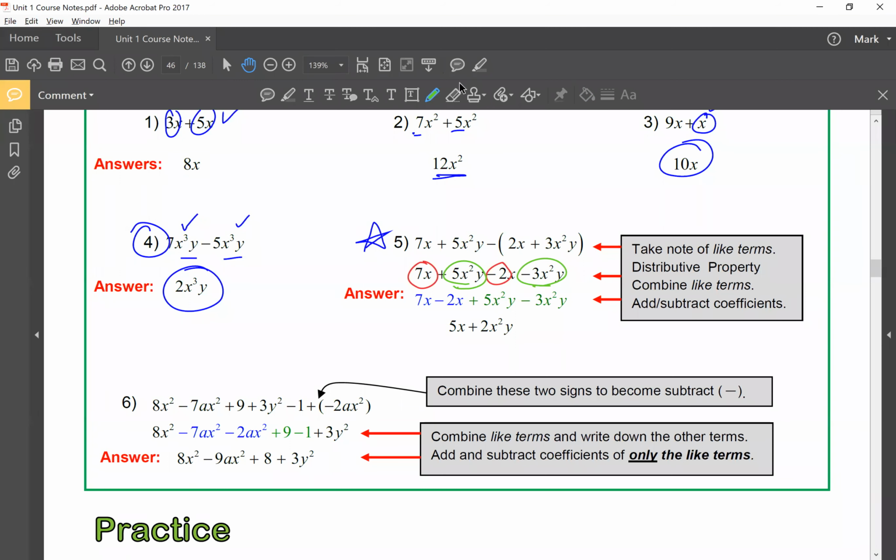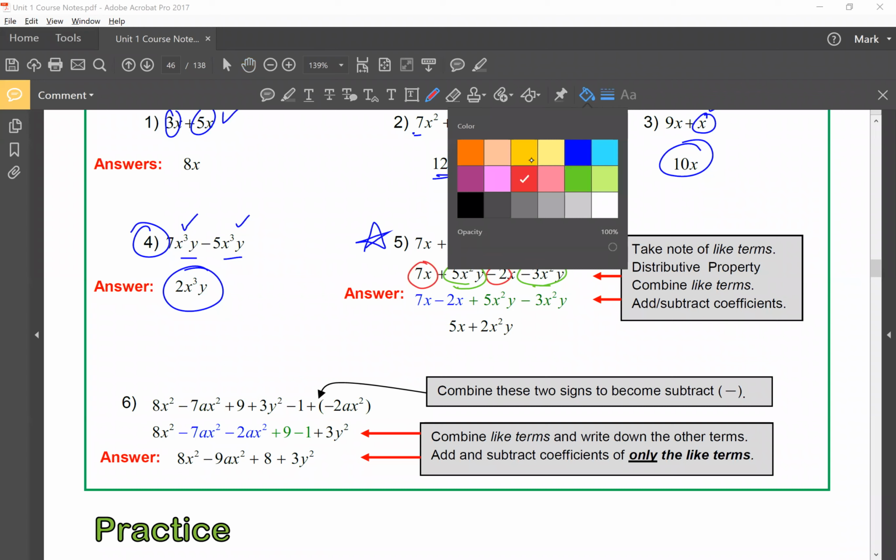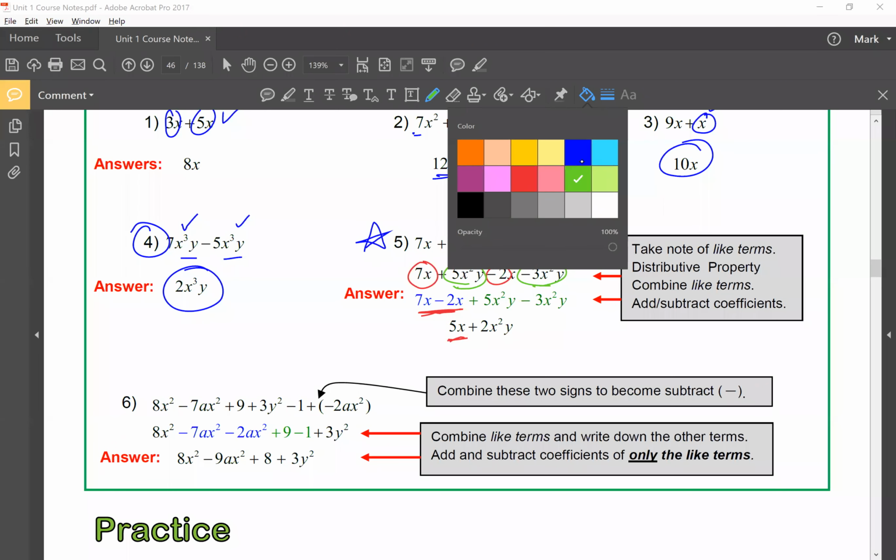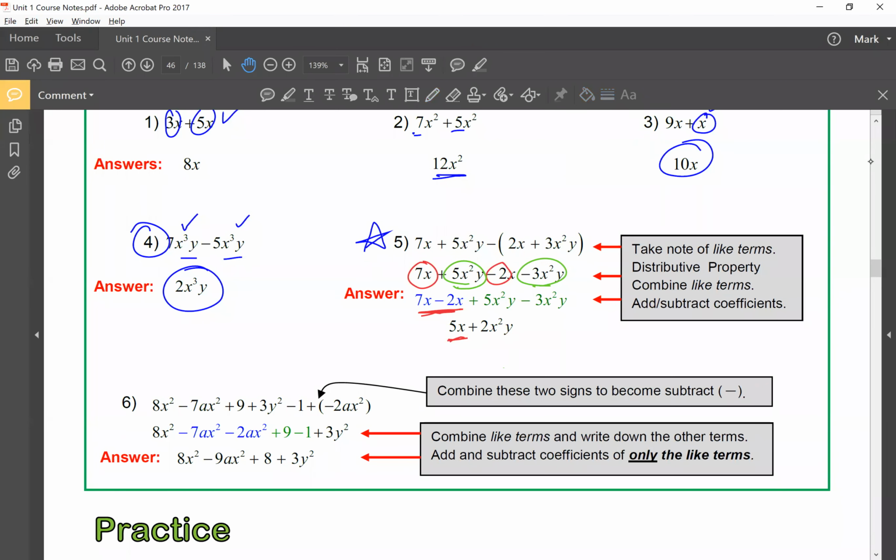So I get 7x minus 2x, that's just 5x. And then with the green, the 5x squared y minus 3x squared y, 5 minus 3 is 2. This is pretty straightforward. And I was really happy to hear you guys say that.